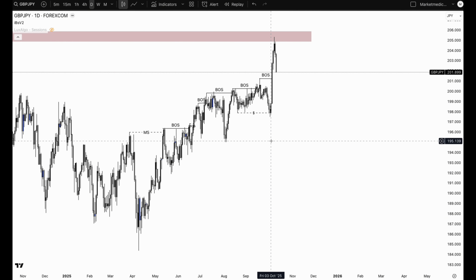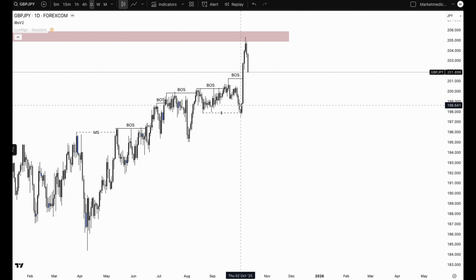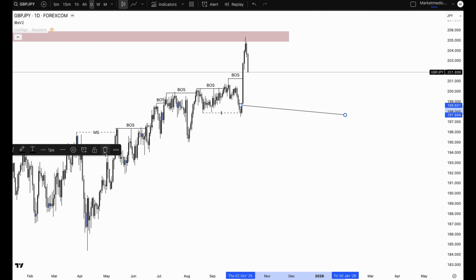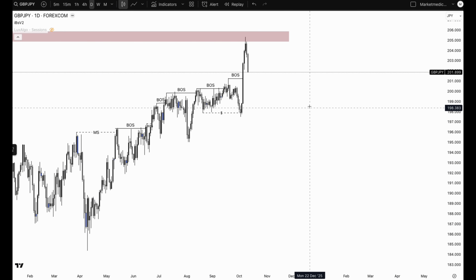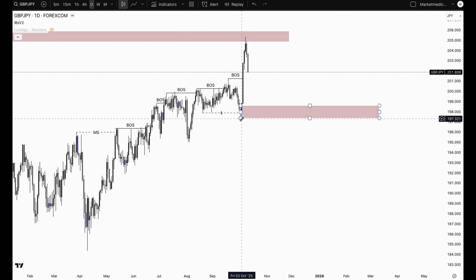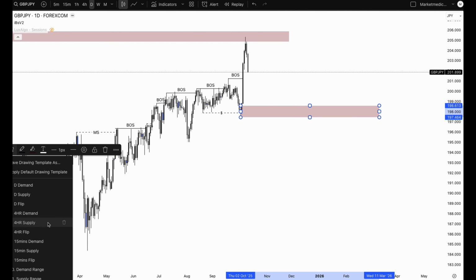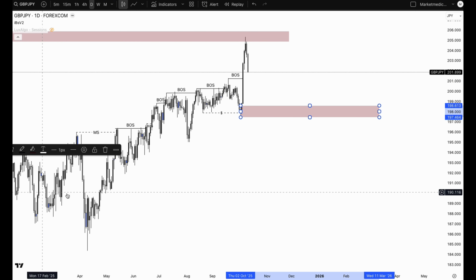On the daily time frame, what I can see is, okay, for one, we have this daily demand order block here.